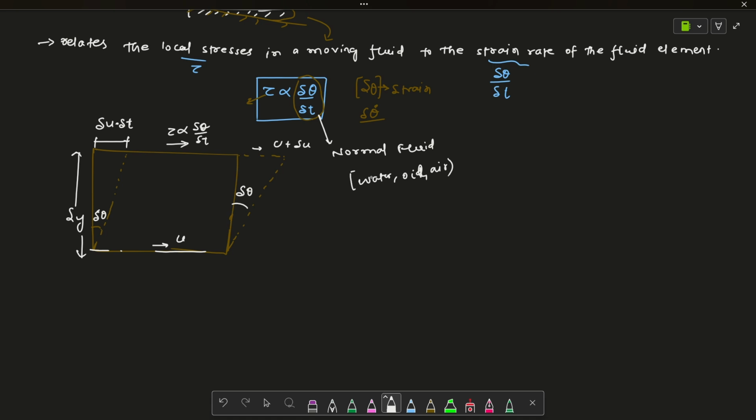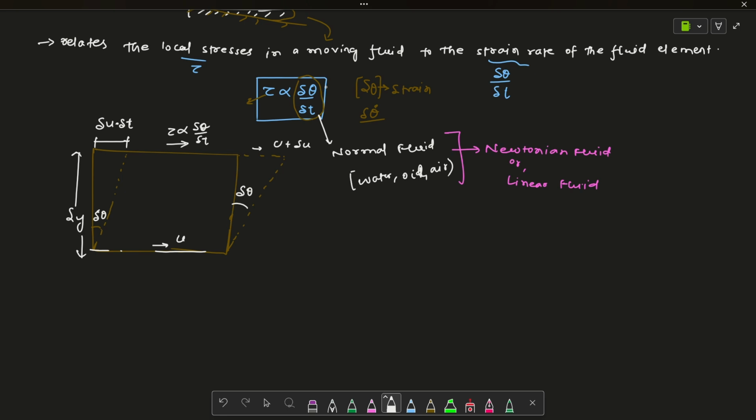And fluids which follow this are known as Newtonian fluids. Some people also call it a linear fluid, because it follows a linear relation between strain rate and stress.